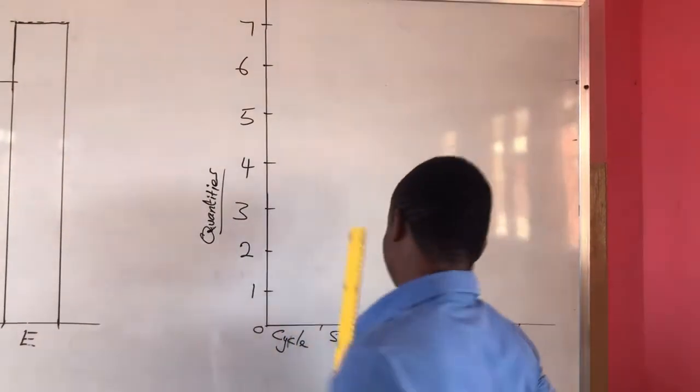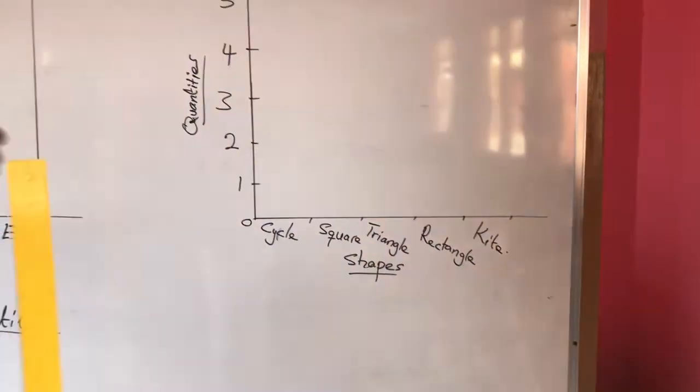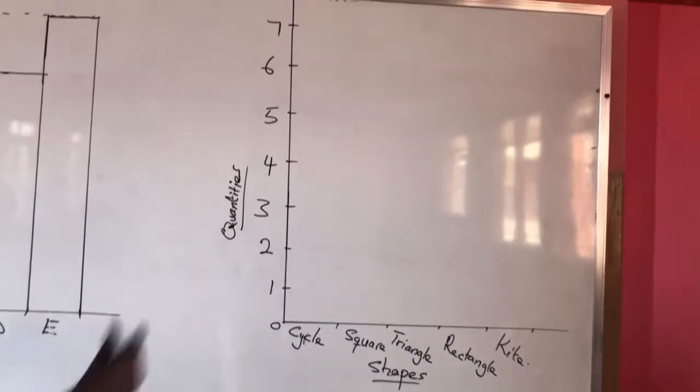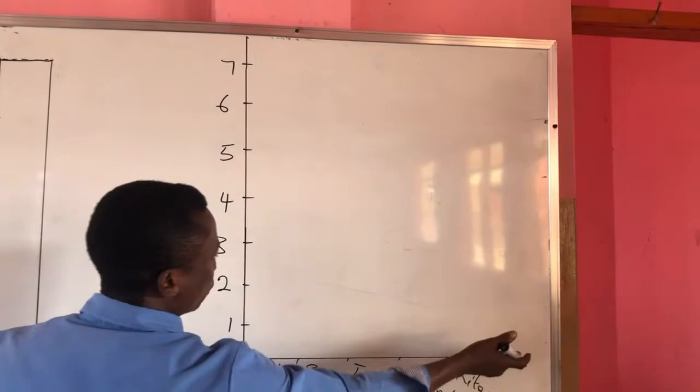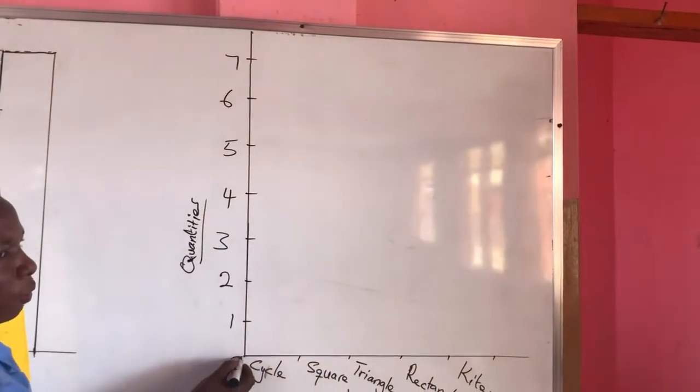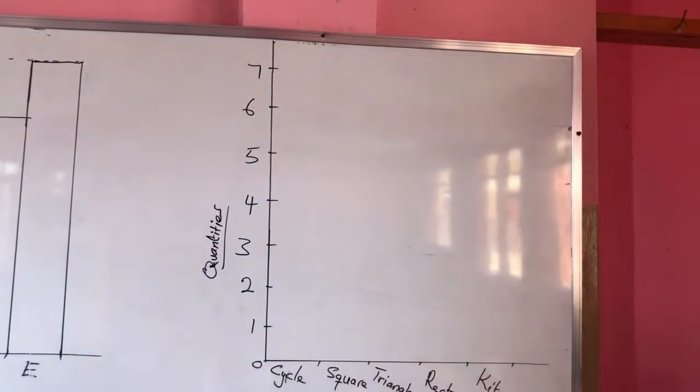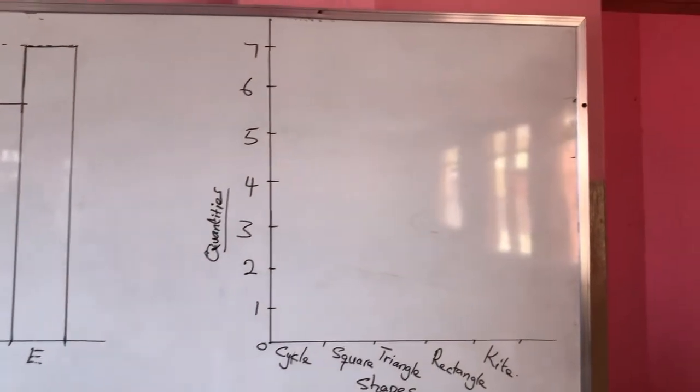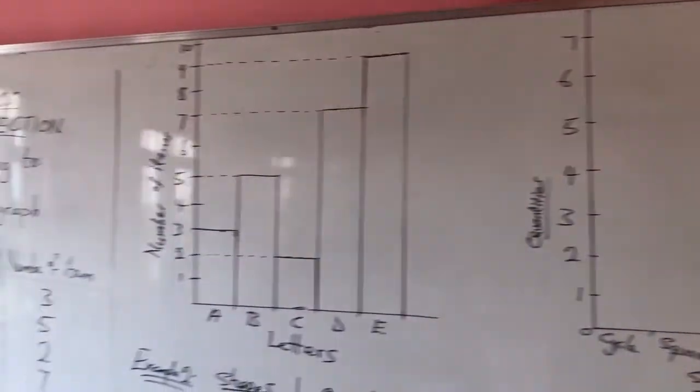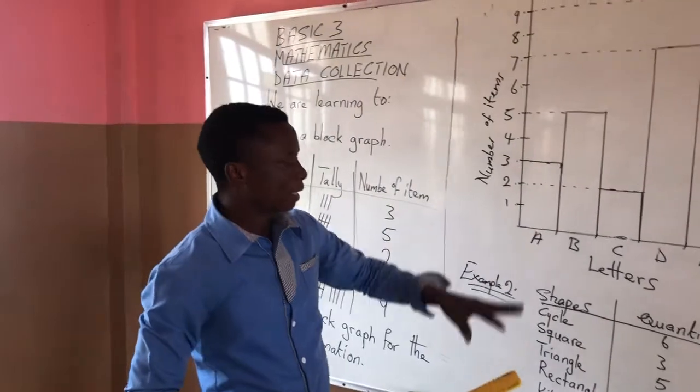Quantities, then shapes. All right, this is our vertical line, this is our horizontal line. Where they meet is the origin 0. All right, now let's try to represent our information.